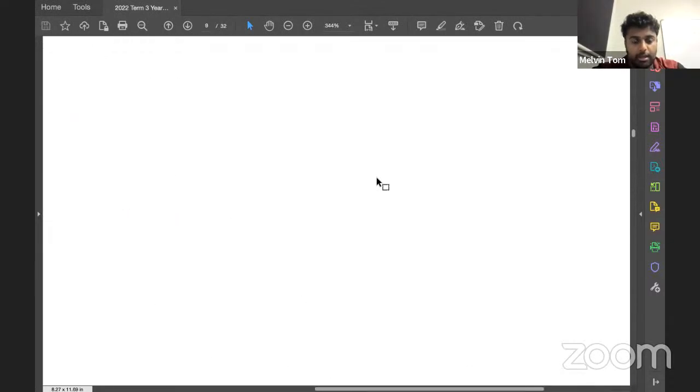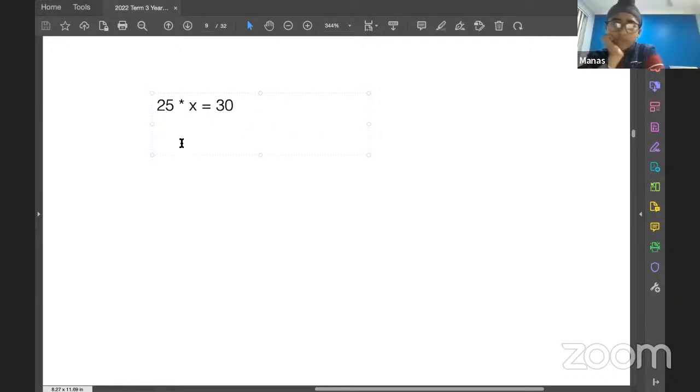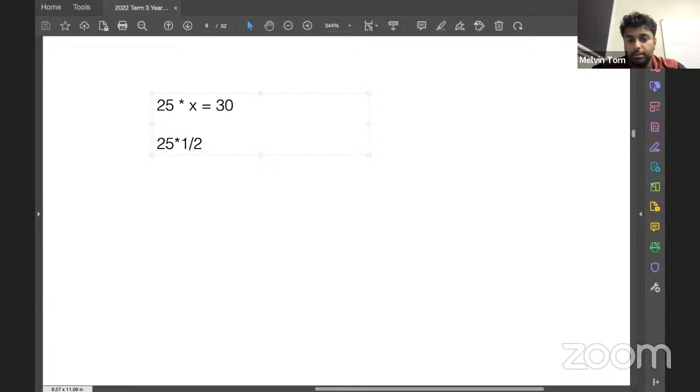You're tasked with changing 25 multiplied by x into 30. Now, how do you turn 25 into 30? Multiply by 1.2. 25 multiplied by 1.2, which is the same as 6 over 5, correct?